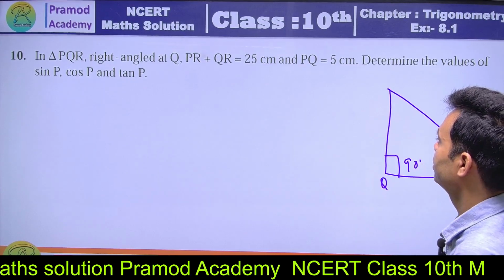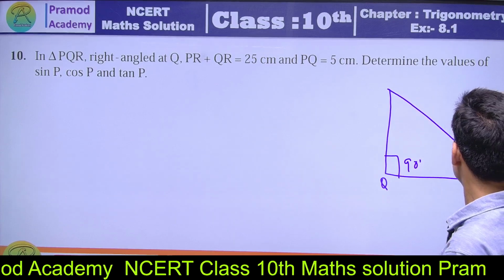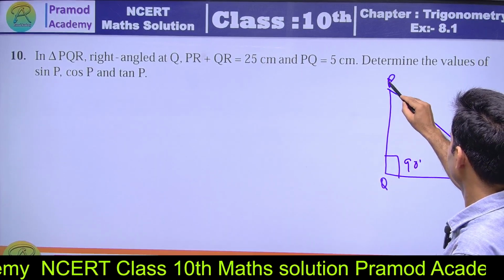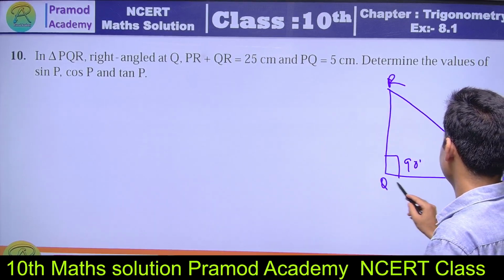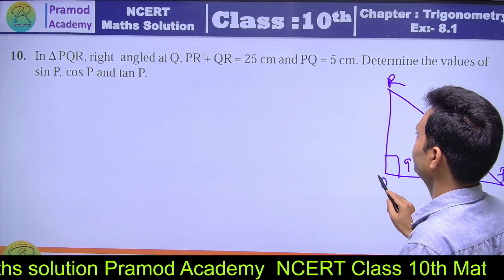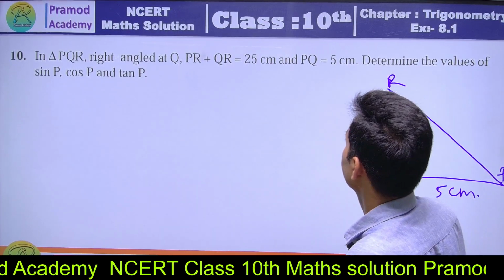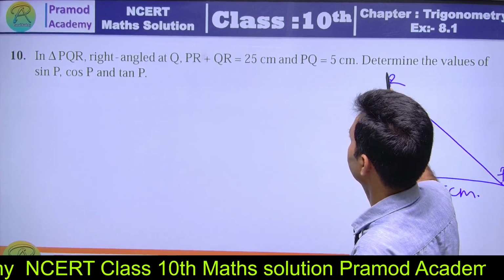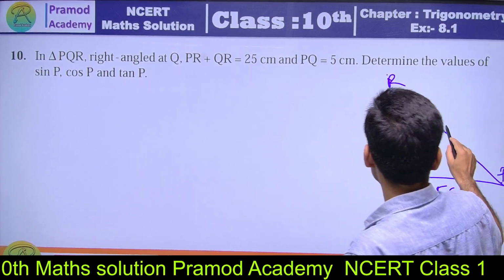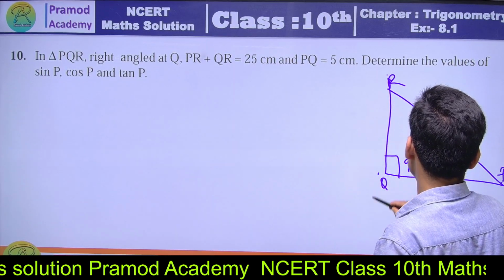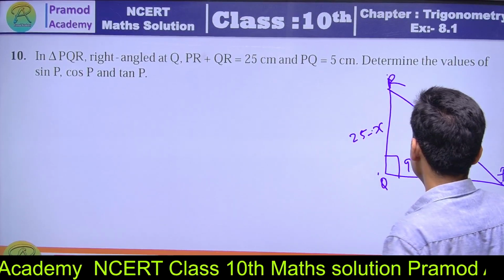PR plus QR equals 25 centimeters. Suppose PQ is 5 centimeters. PR plus QR, both sum to 25 centimeters. Suppose this is H, if it is X, then the other will be 25 minus X.